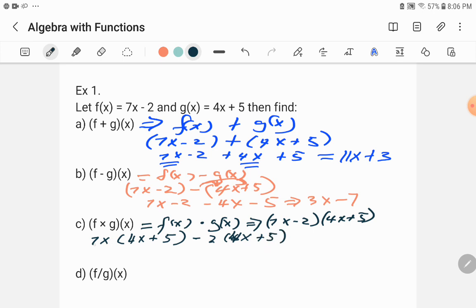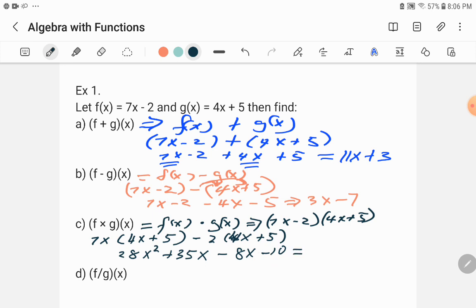So using the distributive property, 7 times 4, that's 28. And x times x is x squared. 7 times 5 is 35, and we have an x. And then here we'll have minus 2 times 4 is 8, 8x. And then minus 2 times the plus 5 is minus 10.